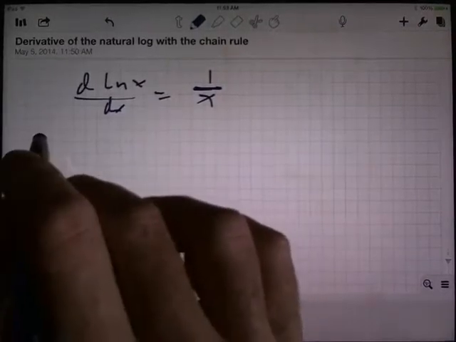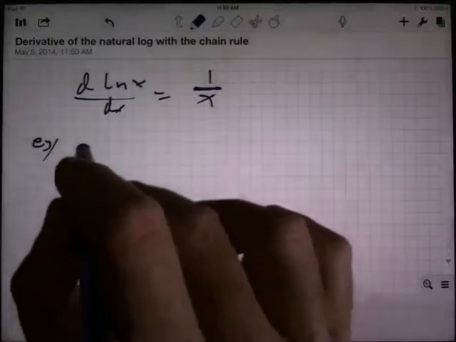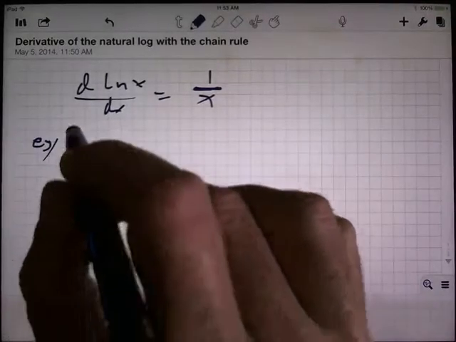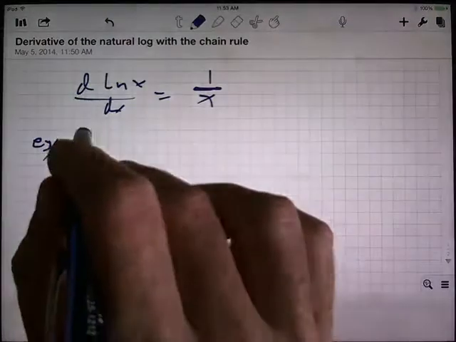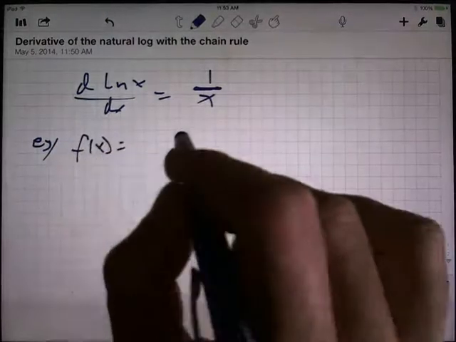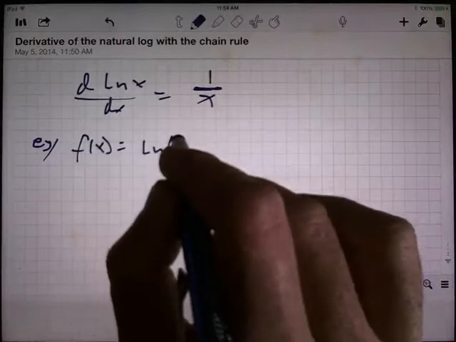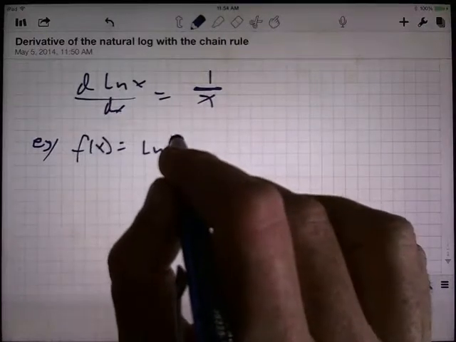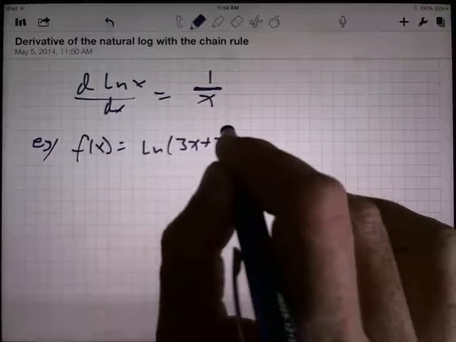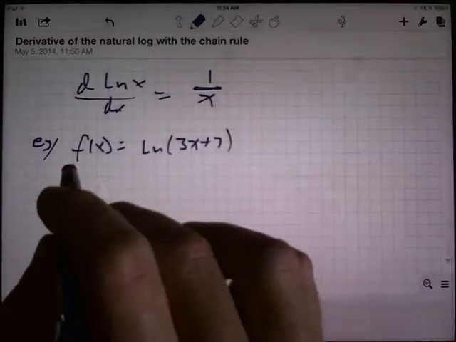That is, for example, if I've got a function that looks like this, let me try this one more time. f of x equals the natural log of, let's say, 3x plus 7. I want to take the derivative.